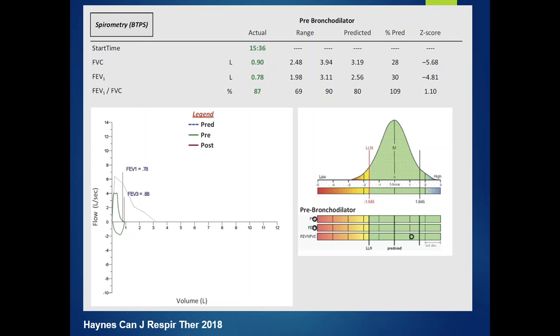It is much lower than the lower limit of normal and is 28% predicted. So this is most likely a significant restrictive lung disease. The FEV1 is actually 0.78, so it is lower than the lower limit of normal and 30% predicted. So this most likely represents a restrictive lung disease.